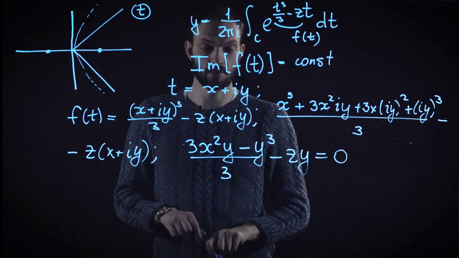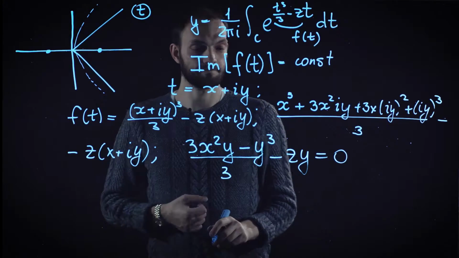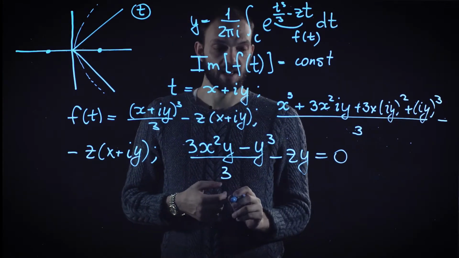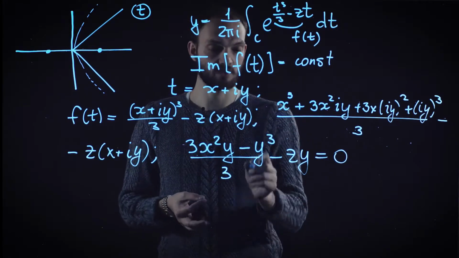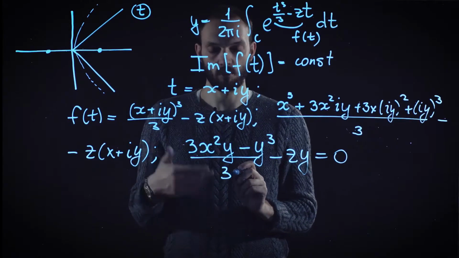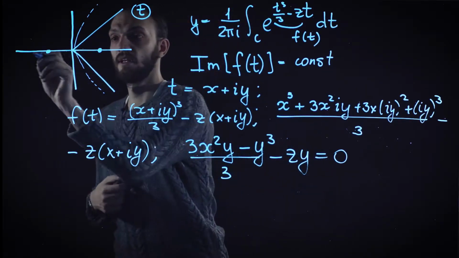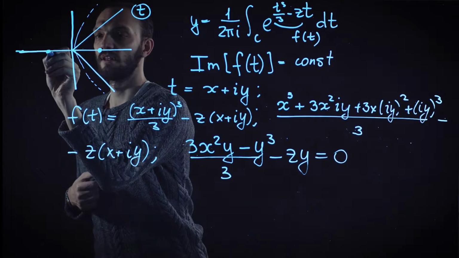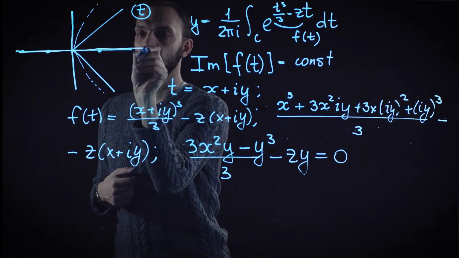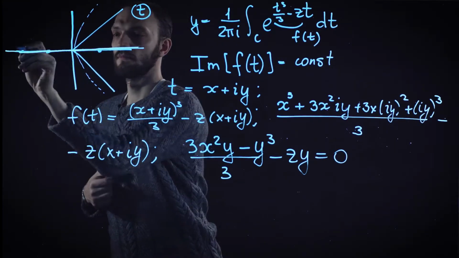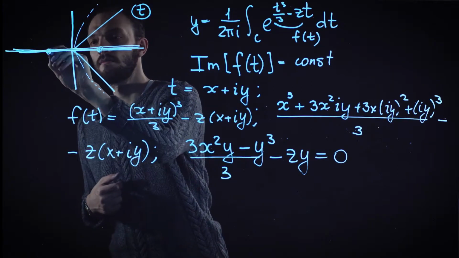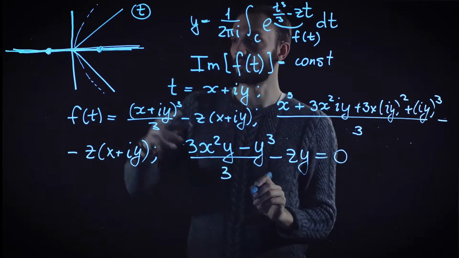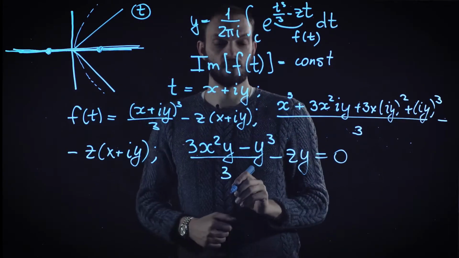This one is relatively simple, and the easiest way to look at it is to realize that, first of all, there is one solution to this equation with y identically equal to 0. This will be the curve which goes like that. So one of the solutions to this equation is a curve which goes along the real axis.